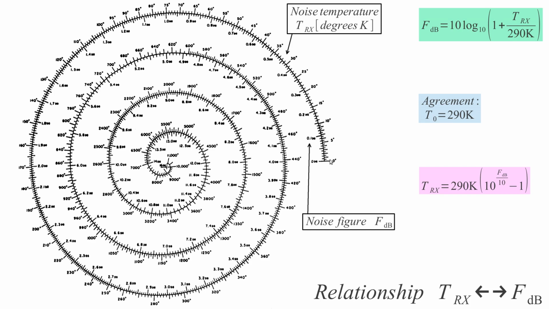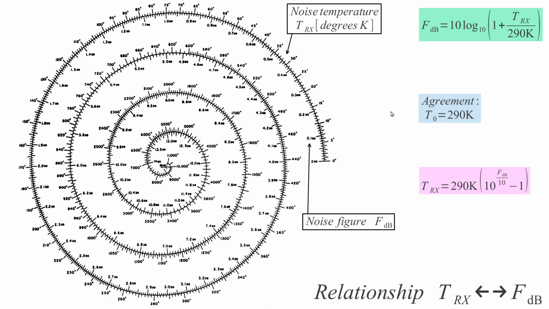And of course, this scale is expanded on this nomograph at the low noise figures, because this is where things are interesting in satellite communications, and it's much more compressed at the high noise figures, and the highest noise temperatures are much more compressed.